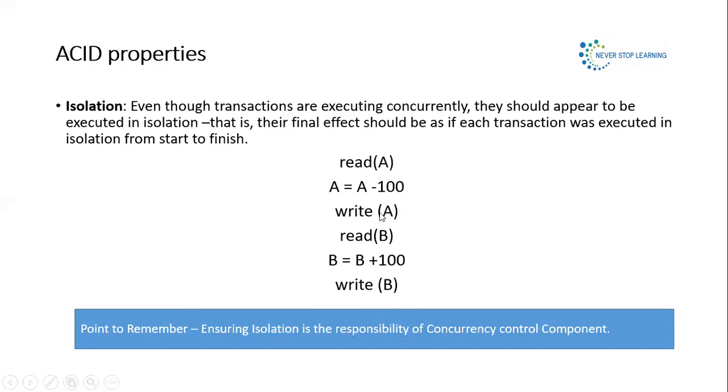Because after deduction of 100 rupees, because of failure my amount was not credited to account B, this transaction took my database to an inconsistent state, but it should not affect any other transaction. That is isolation.